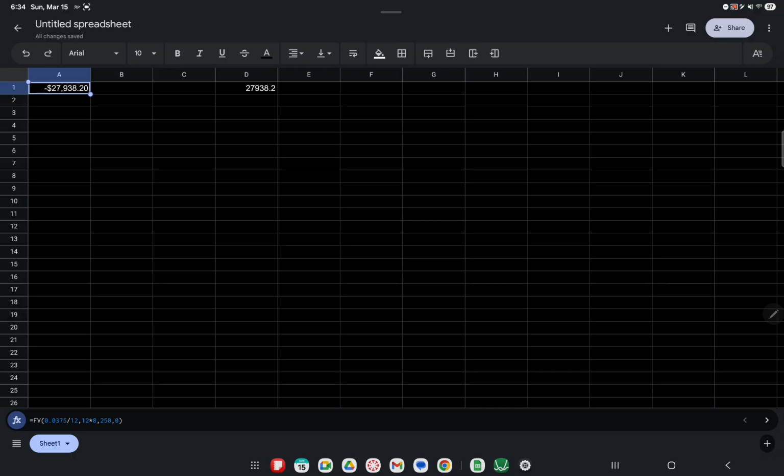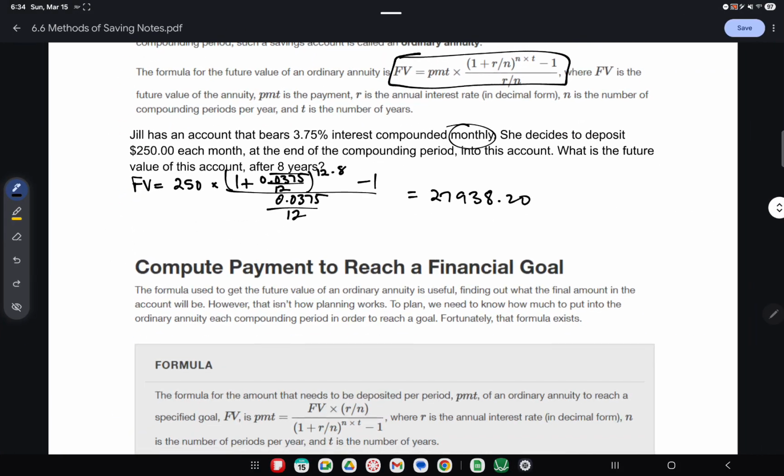It's okay that this is a negative number. We'll just take the absolute value of it, because do you see it's the same number, just a difference of a negative? It's okay.